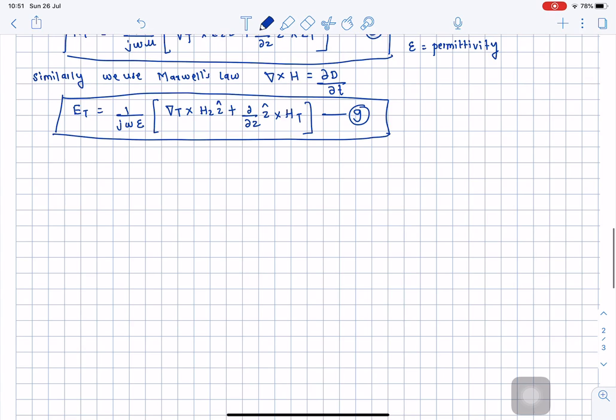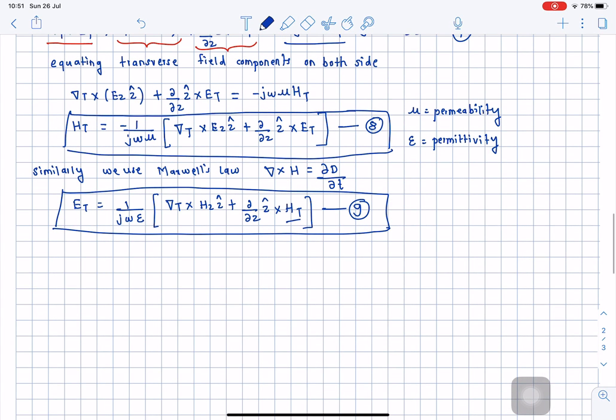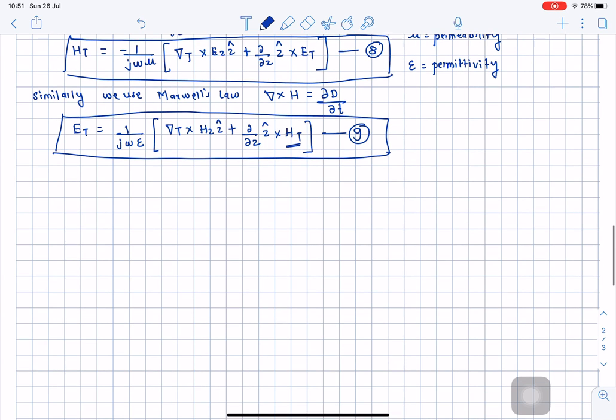In place of Ht in equation 9, we will substitute its value from equation 8.